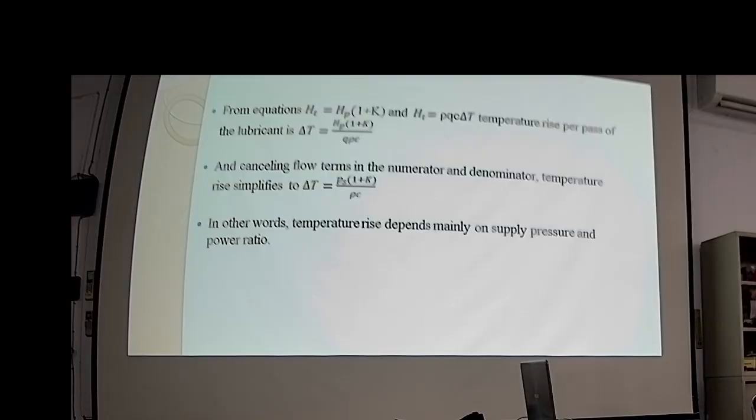So by using this equation, you can have a closed form formula for your temperature rise, delta T. And we also substitute the pumping power equal to PS multiplied by Q. So the Q was divided and so you have PS on the top. Finally you have this form of equation.